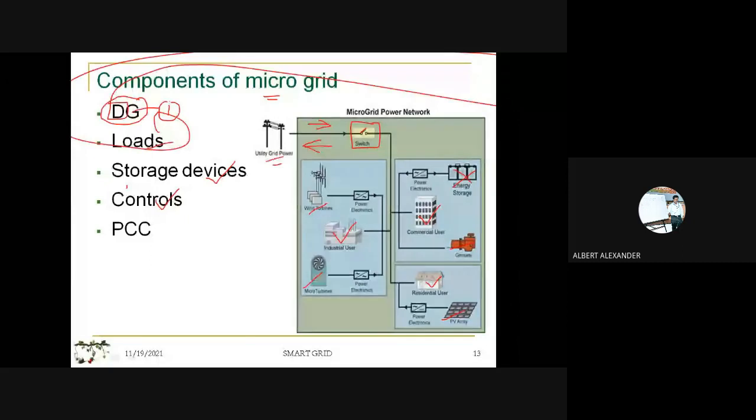How can the switch be controlled? By measuring the demand or the requirement from this end. Based upon measuring the requirement or the demand from this end, we can turn the switch on and off. The point at which we communicate with this grid is called the point of common coupling.